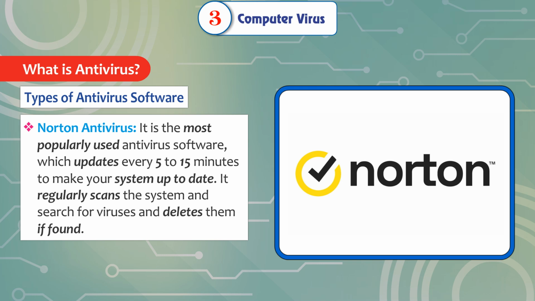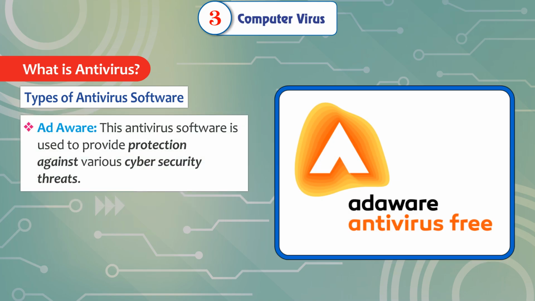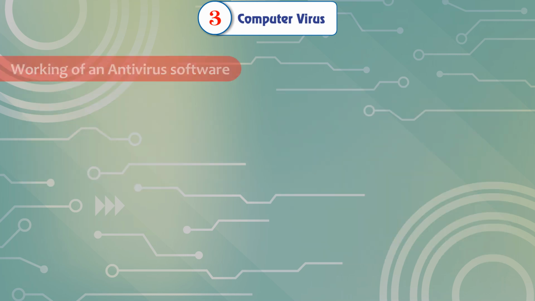It regularly scans the system, searches for viruses, and deletes them if found. Kaspersky. It is a very effective antivirus software used to protect the computer system from viruses, spyware, and trojans. Adaware. This antivirus software is used to provide protection against various cybersecurity threats.